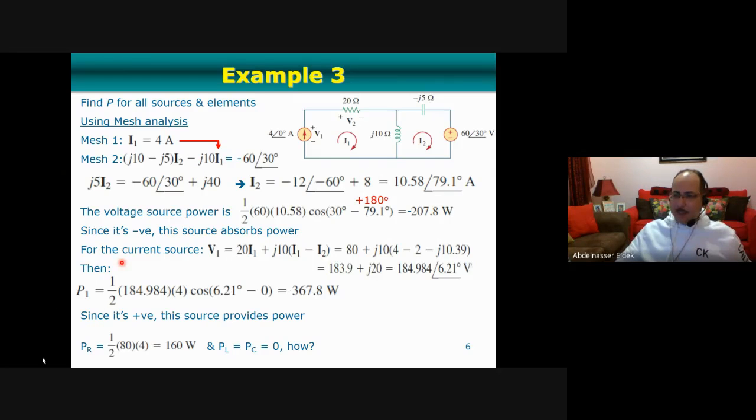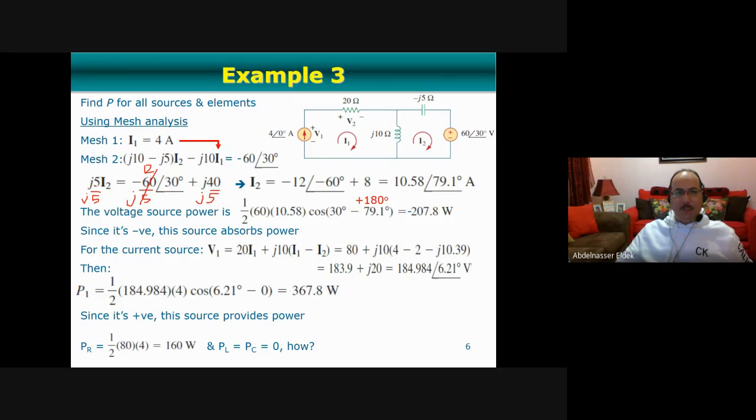Again, what happened here is that we divide by 5 to get rid of this 5, and then we divide by J also. When we divide by J, this J will cancel with this J. So 40J divided by 5J will be 8, and 60 divided by 5 is 12.